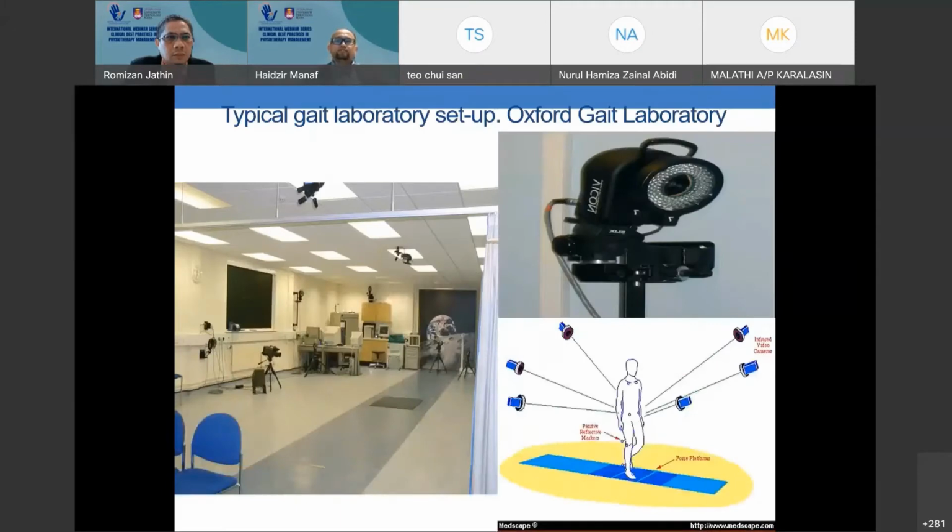So this is the typical gait laboratory setup. Quite expensive. It consists of 3D cameras. Minimum, we should set up at least six 3D cameras, embedded with the force plate. You can see here the force plate. The minimum cost to set up this lab is about 700,000.